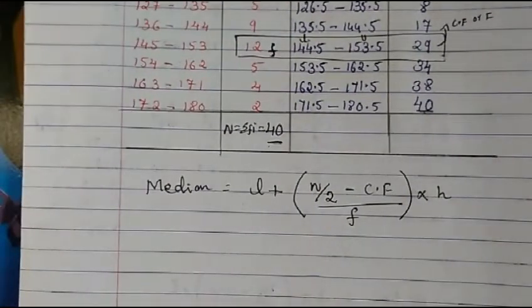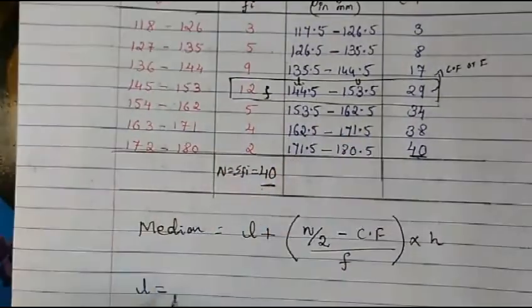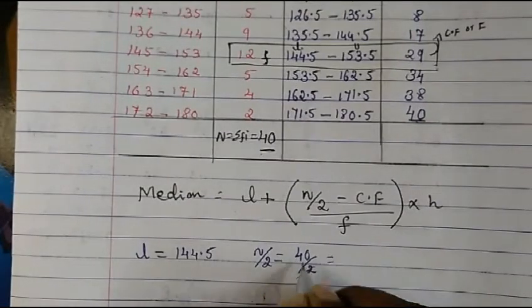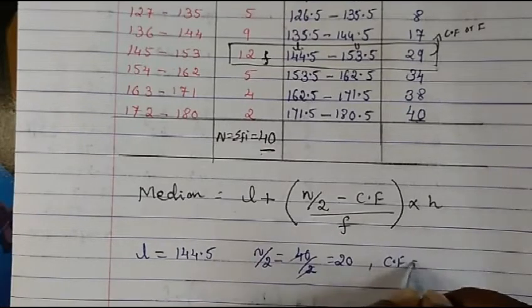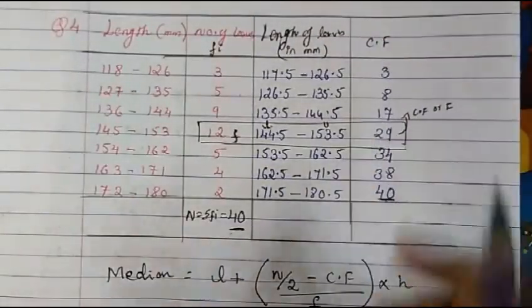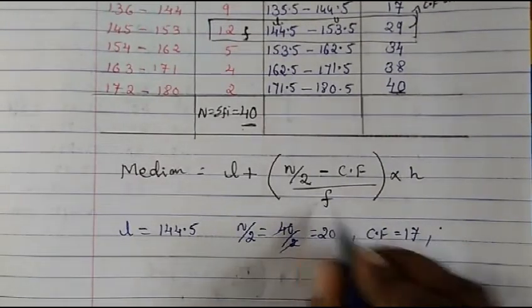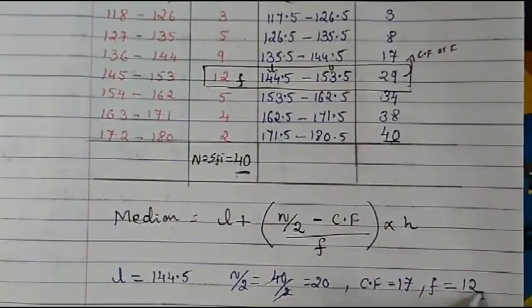Just put the values now. L is the lower limit, that is 144.5. Then n upon 2: capital N is 40, so 40 by 2 is 20. Then CF, just before that, is 17. Then small f is frequency, that is 12.